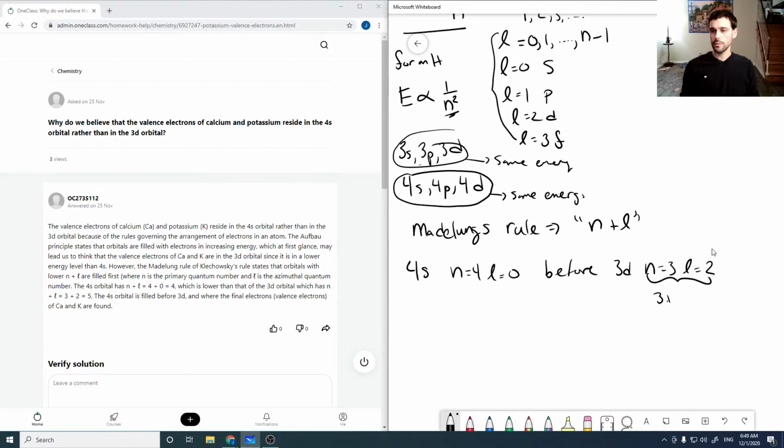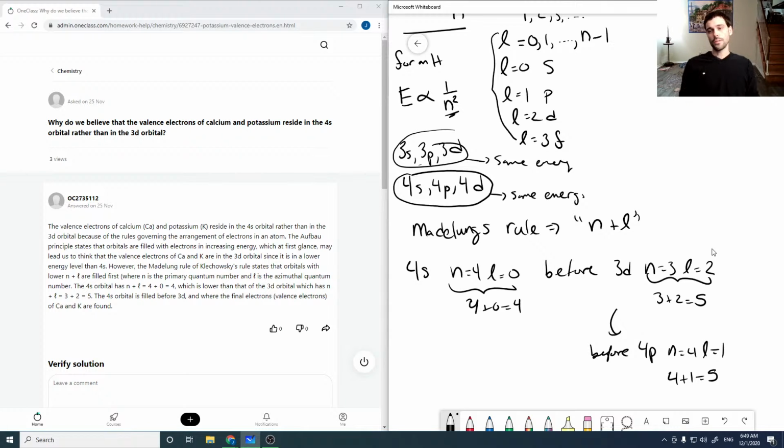So 3 plus 2 equals 5. 4 plus 0 equals 4. So 4s comes before 3d, and of course this comes before 4p, which is n equals 4, l equals 1. So 4 plus 1 equals 5, but the n is lower.